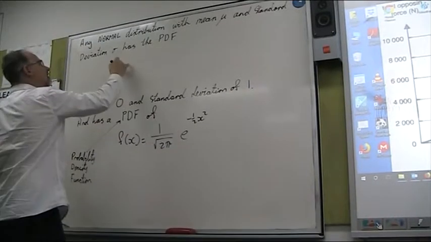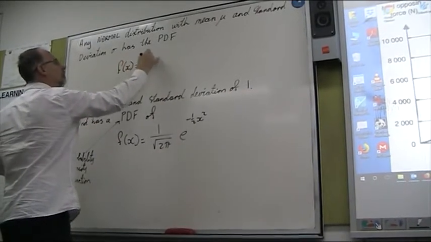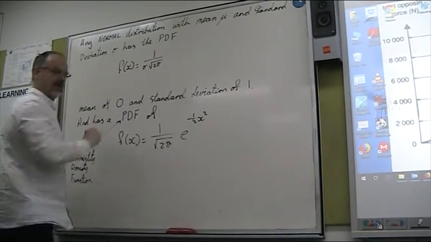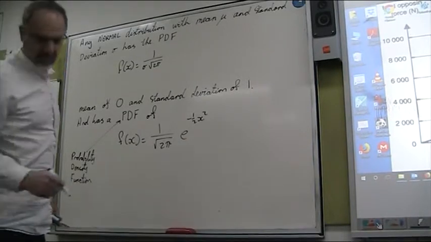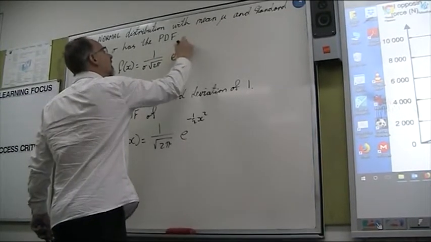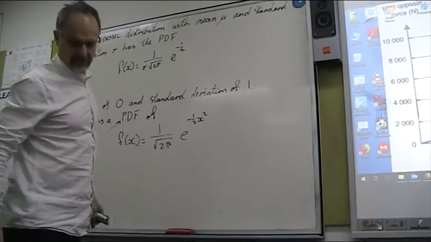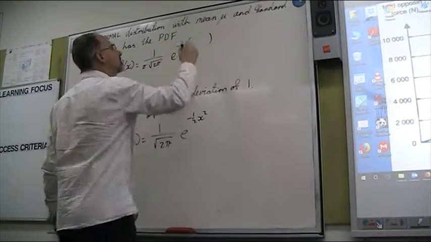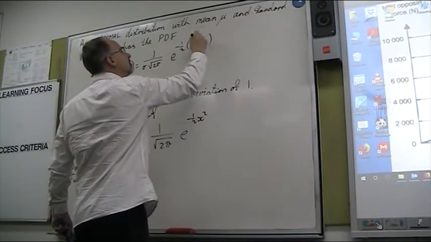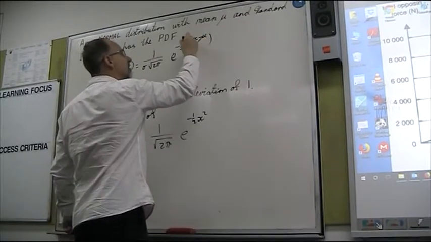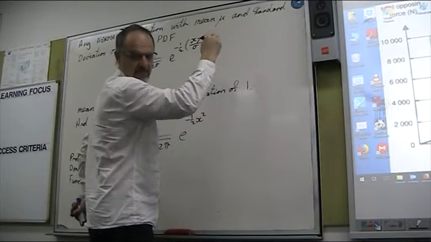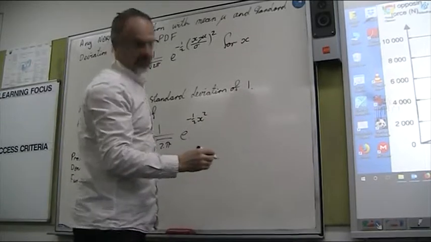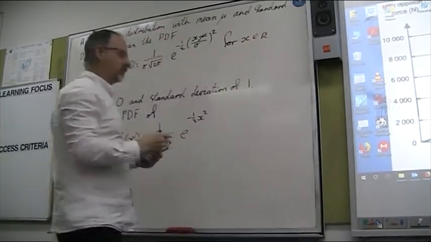The difference is f(x) equals 1 over, still got the root 2 pi, but there's the sigma dilation in there. It still has the e to the negative half, but rather than just x, we've got our transformations, so a translation and a dilation. And x can be any real number.